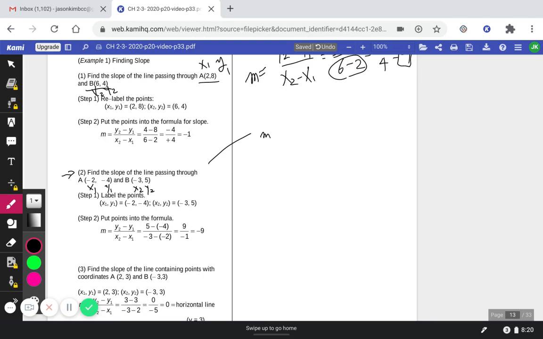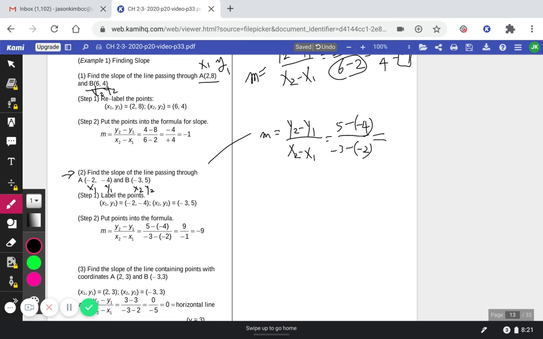Again, slope is change in y, which means y2 minus y1 over x2 minus x1 when 2 points are given. So what was y2? Yeah, it was 5 minus negative 4 over negative 3 minus negative 2.